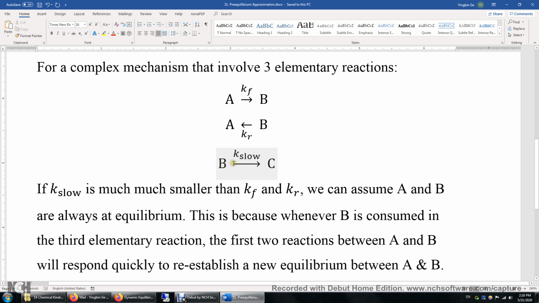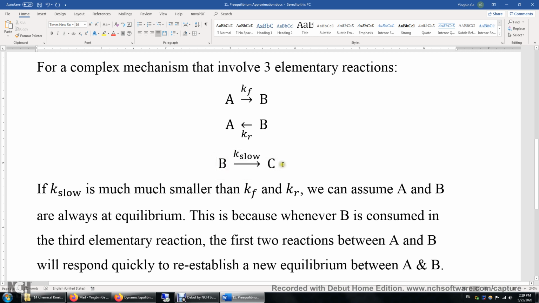The third reaction from B to C is so slow that even if B is slowly consumed, the reaction from A to B and the reaction from B back to A will quickly re-establish the new equilibrium right after the concentration of B is changed in the third elementary reaction.